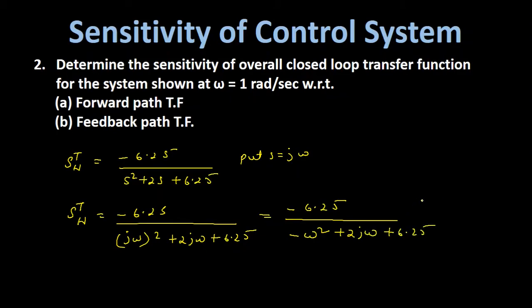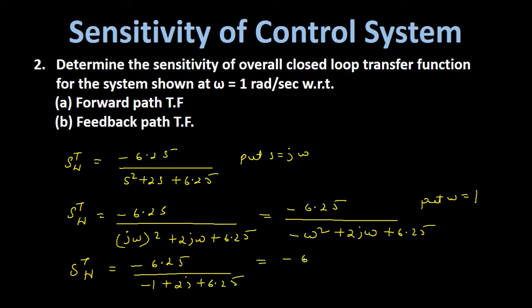Now we will put omega equal to 1. Then we will get the sensitivity of T with respect to H equal to minus of 6.25 divided by (minus 1 plus 2j plus 6.25). This will be equal to minus of 6.25 divided by (2j plus 5.25).